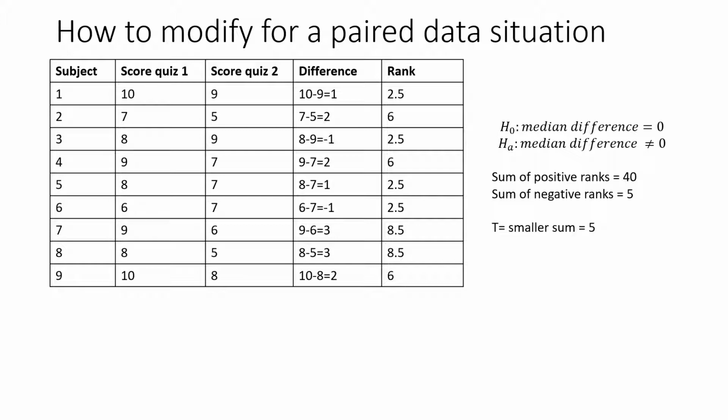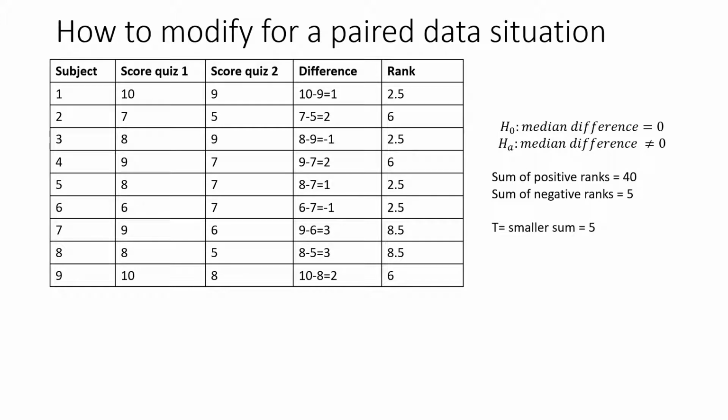Since my null hypothesis is that the median difference is equal to 0, I don't have to worry about subtracting after I calculate this difference, the hypothesized difference, because the hypothesized difference is 0. So I simply calculate the difference in the 2 quiz scores, rank those, and find the sum of the positive and negative ranks.